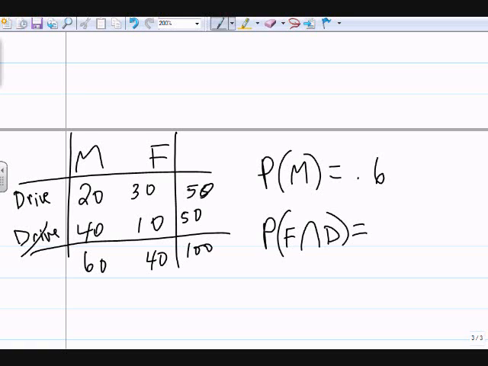Yes, that's why I'm going to write it out of the whole set if I just do a plain old and. Point 3. Now I need to figure out the probability I pick a female given that I've got somebody that drives to school.